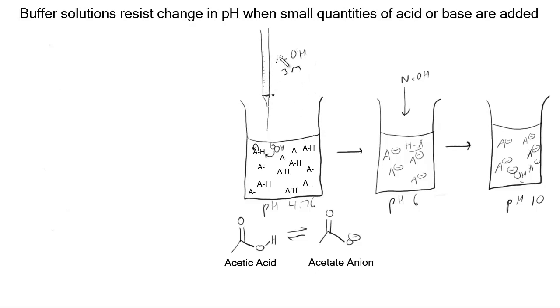Let's look at a strong acid. So instead of sodium hydroxide deprotonating the acetic acid that we have in our buffer solution, let's use hydrochloric acid. So let's use the strong acid, hydrochloric acid.